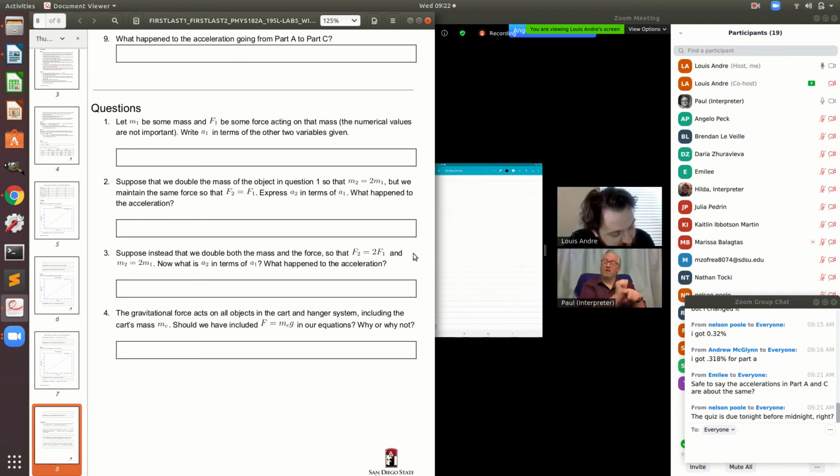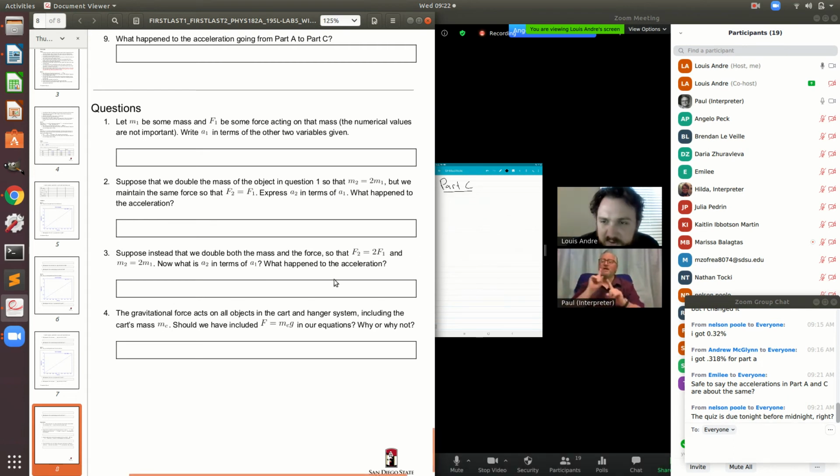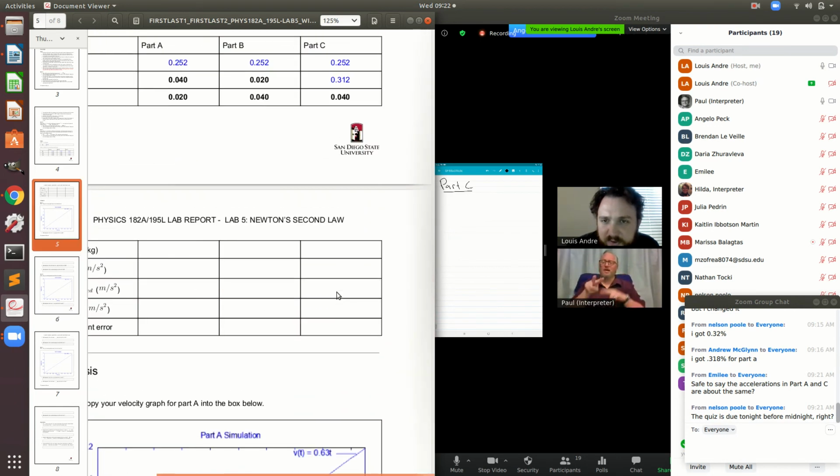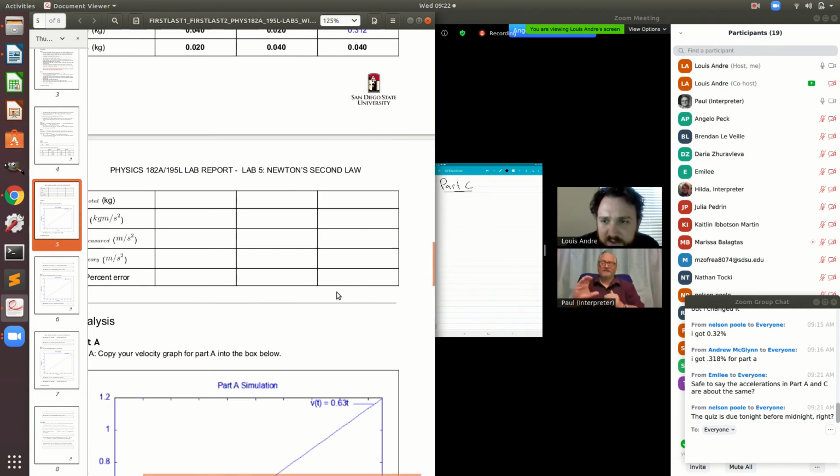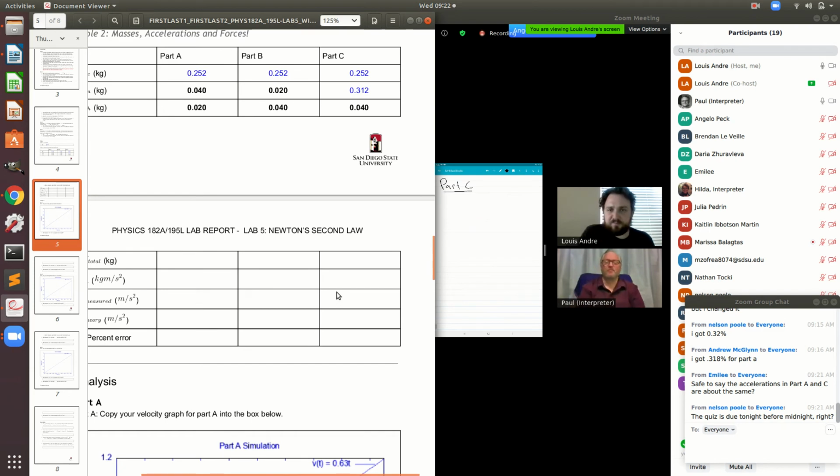Part C. I have not, to answer your question there, I have not looked at the accelerations for part C. But what is acceleration for part C? Good question. Let's find out. And the total mass is different. Right, it's 0.252 plus 0.312 plus 0.04. So 0.604.